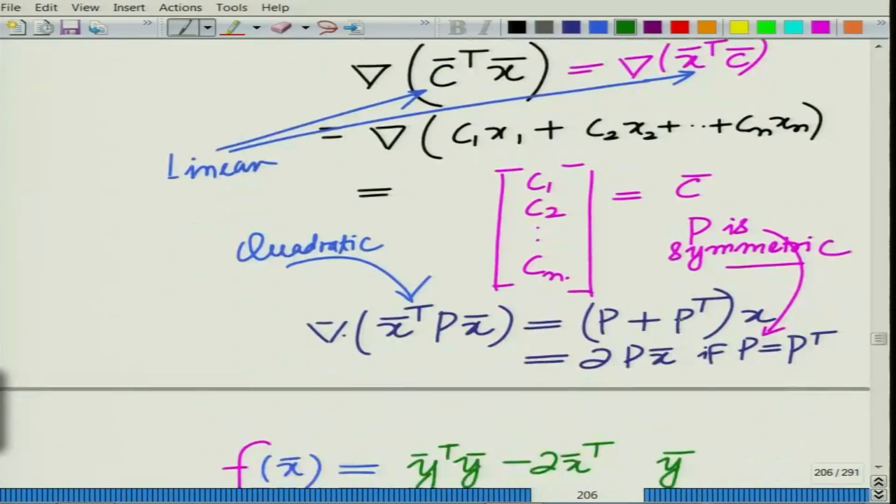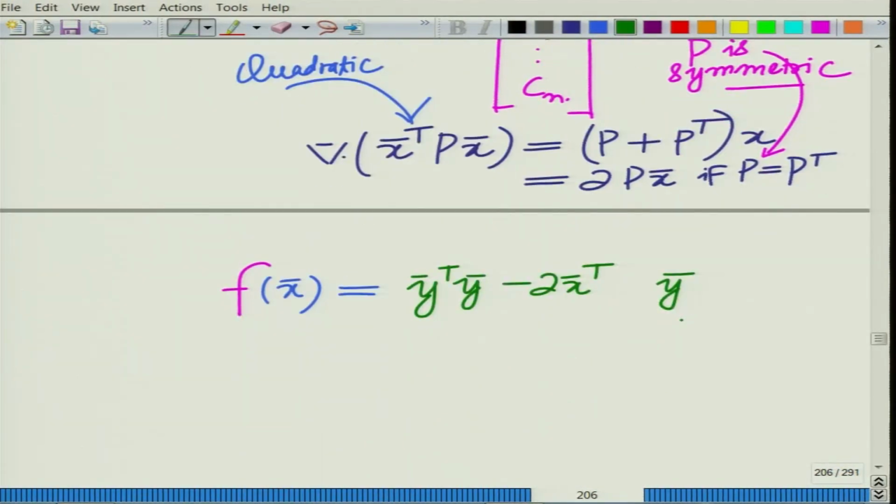And this is therefore, if you look at it, 2 x bar transpose A transpose y bar plus x bar transpose A transpose A x bar.